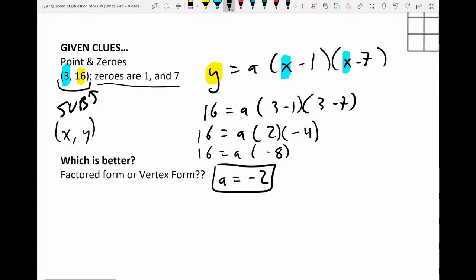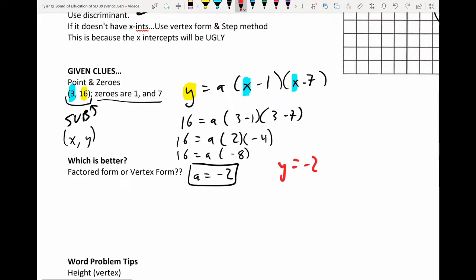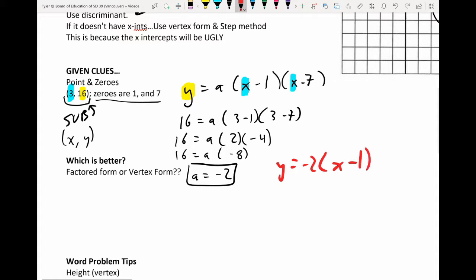Cool. So I found my a value. So my final answer would be y equals negative 2 for the a value, and then (x minus 1)(x minus 7). That would be the final equation that satisfies these requirements.